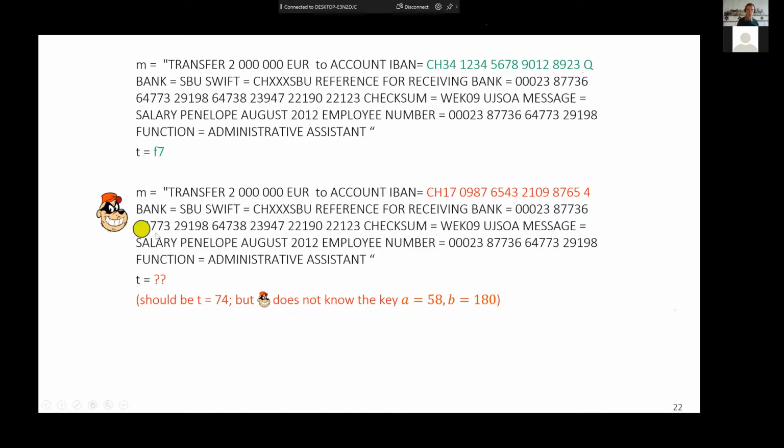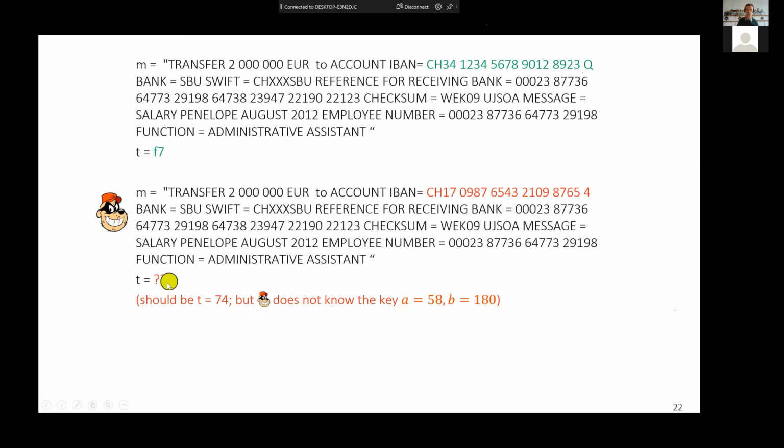Now, the problem of the bad guy is he should also compute the tag, because this message hopefully was sent with a MAC, and the tag should have been F7. Sorry, the tag which was F7 was for the original message. If I recompute the tag for this one, I find 7-4.